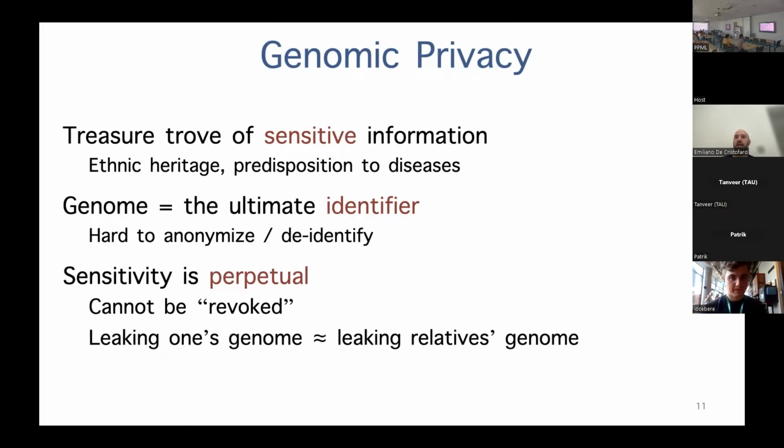So there is also this sort of kin privacy, as we call it: the fact that leaking one's genome basically means that you're leaking close relatives' genomes as well.